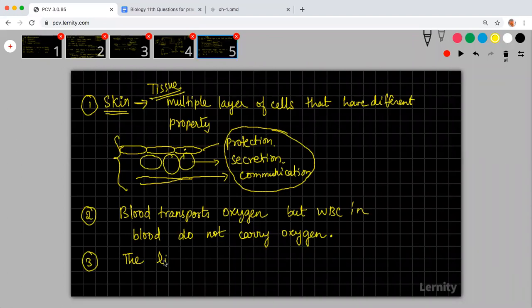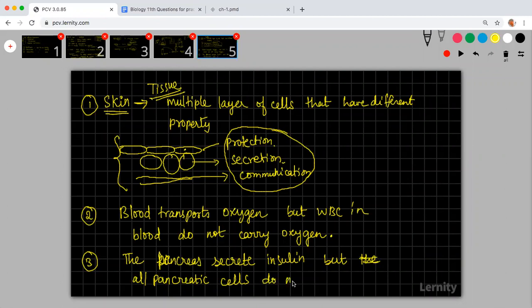The pancreas secretes insulin, but not all pancreatic cells secrete insulin.